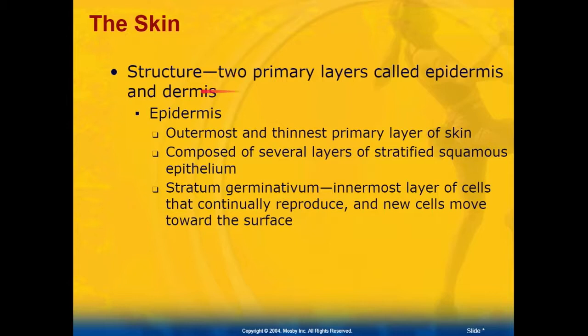But really, we just talk about these two primary layers of the epithelium, or epidermis. It's the outer layer and thinnest primary layer of skin, composed of several layers of stratified squamous, so more than one layer of squamous cells. Stratum germinativum is the innermost layer that continually reproduces.